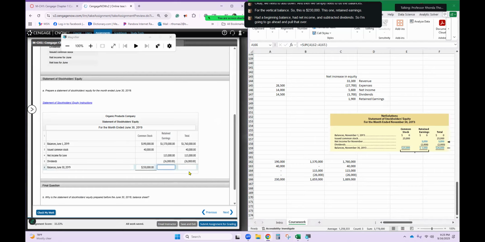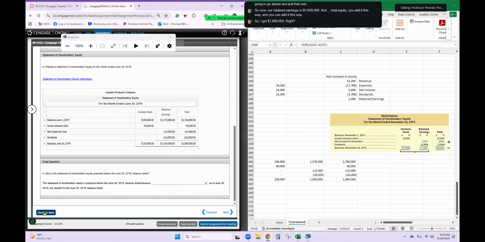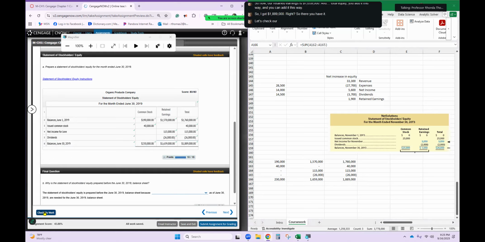So now our retained earnings is 1,659,000. And total equity, you add it this way and you can add it this way. So I got 1,889,000. All right, so there you have it. Let's check our work for the statement.